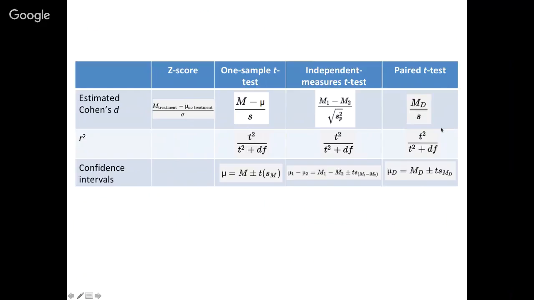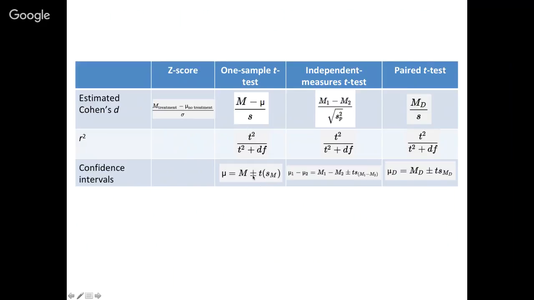In the paired t-test, we use the standard deviation of the d-scores. For r-squared, the formula is the same for all of the t-tests, but we don't have r-squared for the z-test.